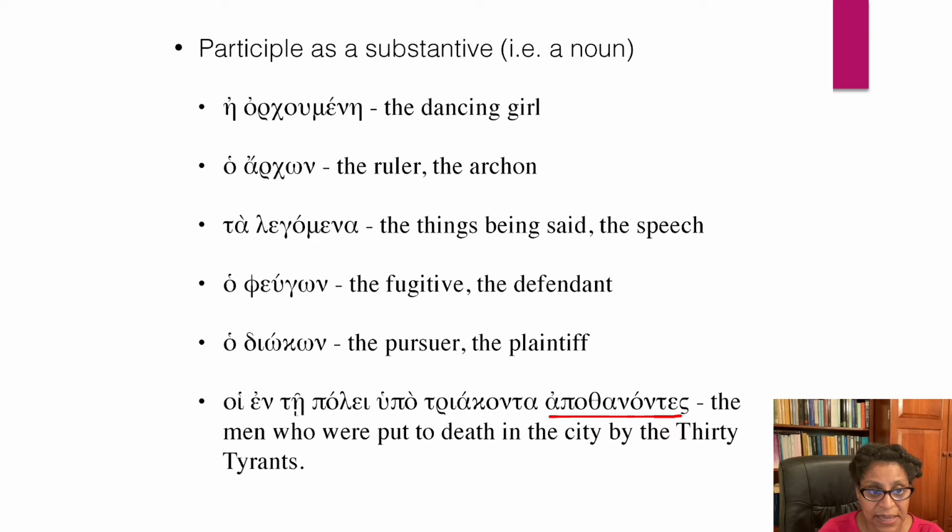And then in the city, by the 30, under the power of the 30. Okay? So we can always use the attributive participle as a noun. And as I said, you're going to see it most commonly with the perfect.